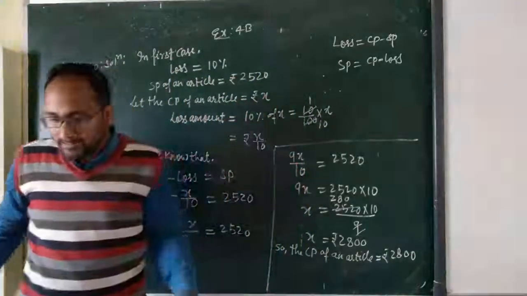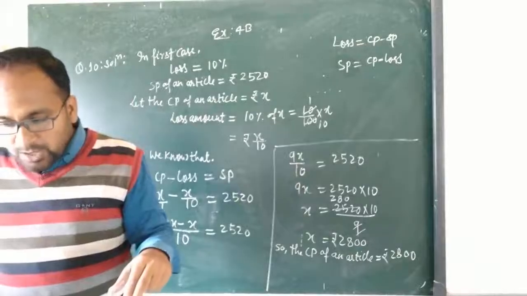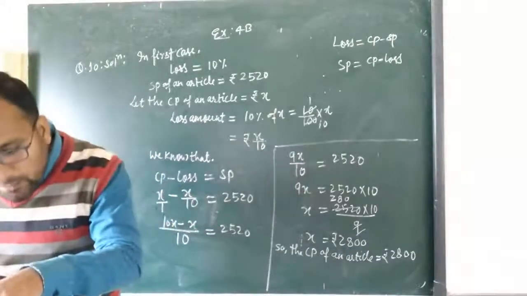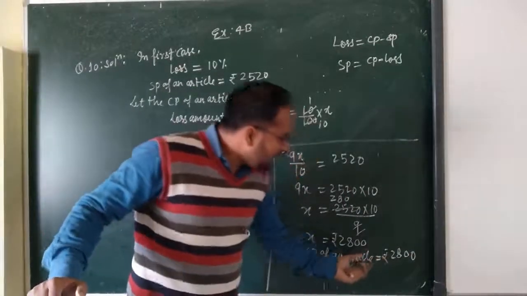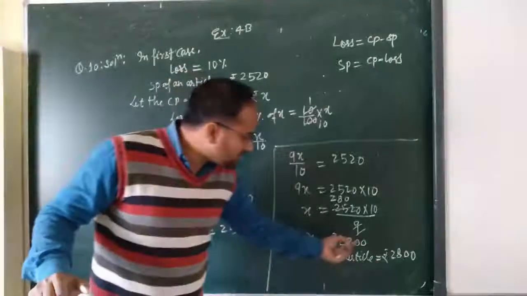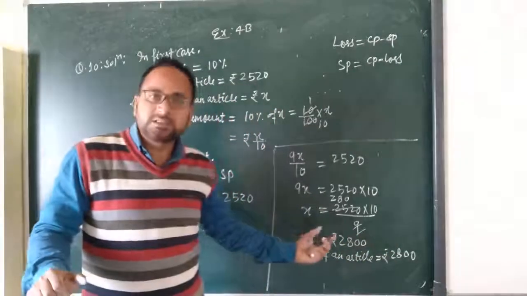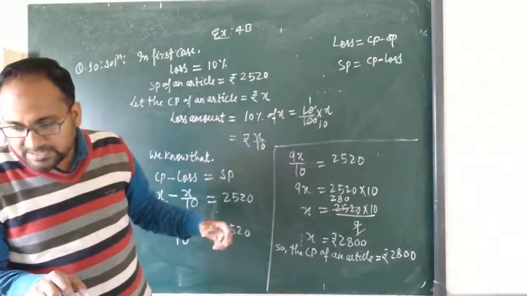That is the cost price of the article, rupees 2800, students. Now he wants to make a profit of 4% on this article. If he sold this article, at what amount? 2800 is the cost price, and he wants to make a profit of 4% on that.